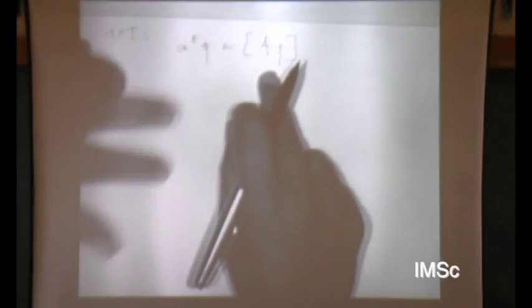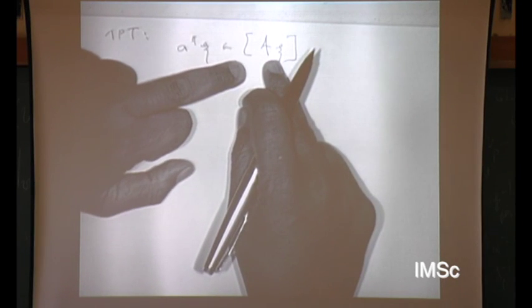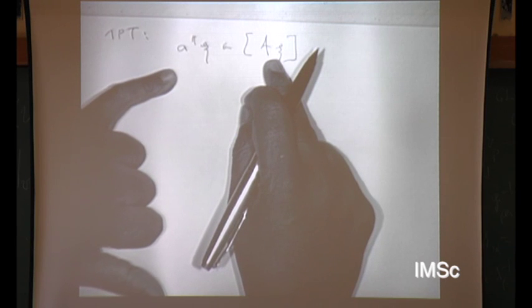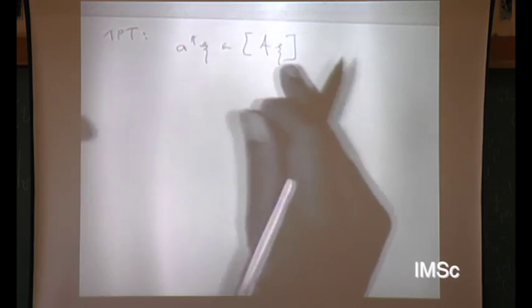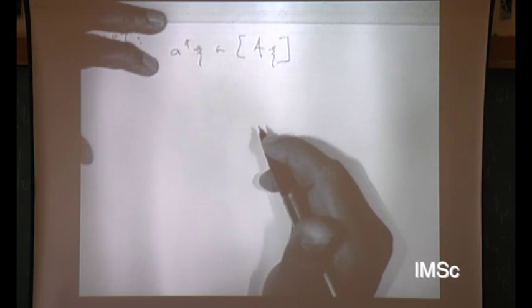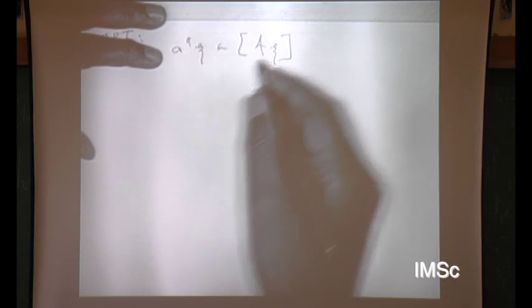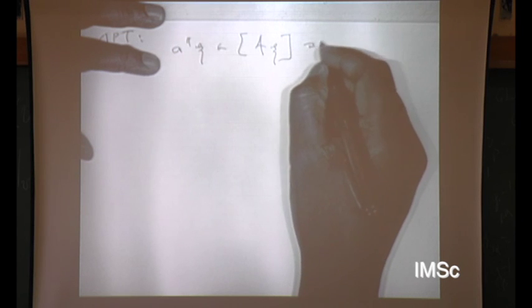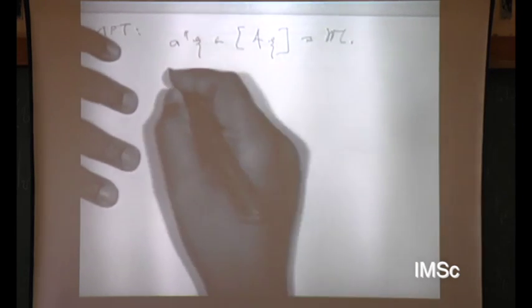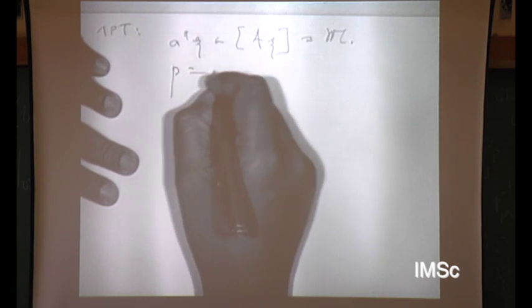I want to say the closed subspace spanned by 𝒜psi must contain A double prime psi. This is what we want to say. Okay. So let's call this subspace M for the moment, and let P equal the projection onto M.